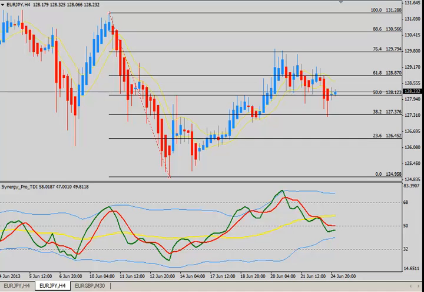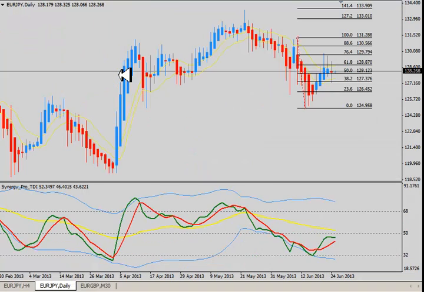So when I step out, whether I'm looking at the 78.6 or the 76.4 with the euro yen, if I take a look at the daily chart, you'll see on the daily chart that we have this high, and then this high comes in as the right shoulder of a head and shoulders pattern. That right there is about the neckline. That's what we're looking for. So we'll look for a failure when we get near this level and for the market to fall back over based upon a bigger chart pattern.